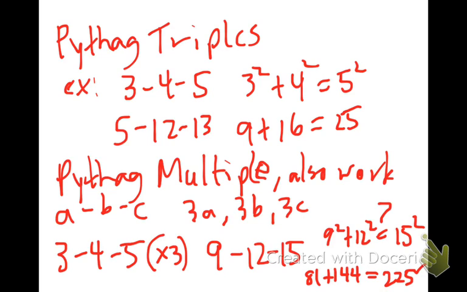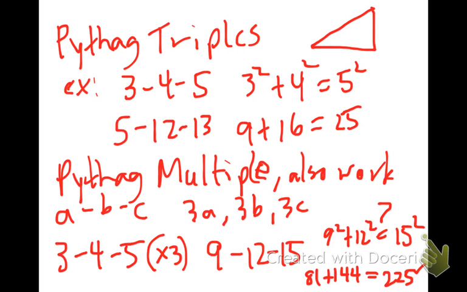So, if you can recognize that you have a Pythagorean multiple of 3, 4, 5, or 5, 12, 13, or any of the other Pythagorean triples, then you don't have to show the Pythagorean theorem. You don't have to show your work. For example, let's say we were working with the 3, 4, 5, and it's multiplied by 2.